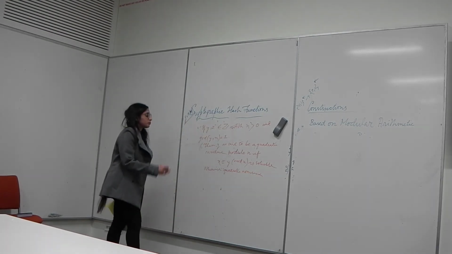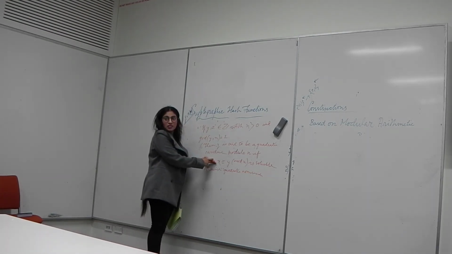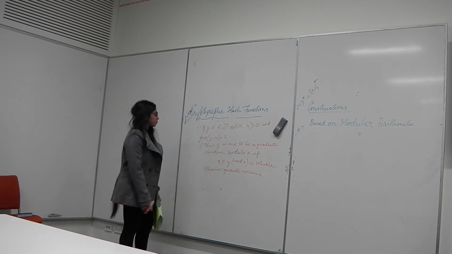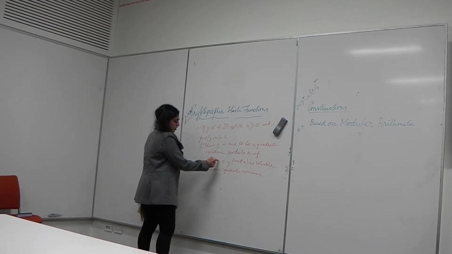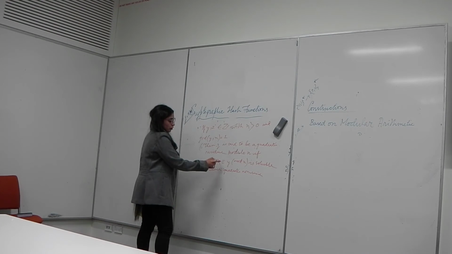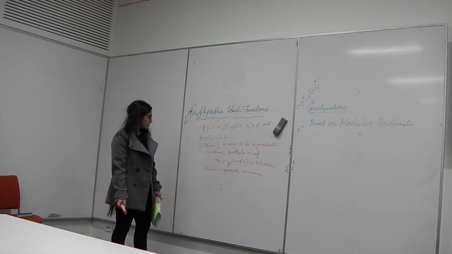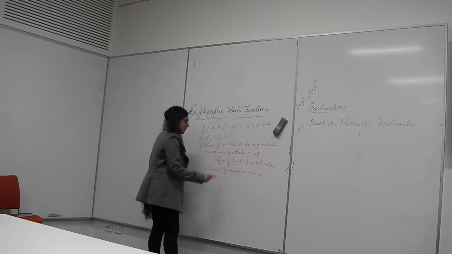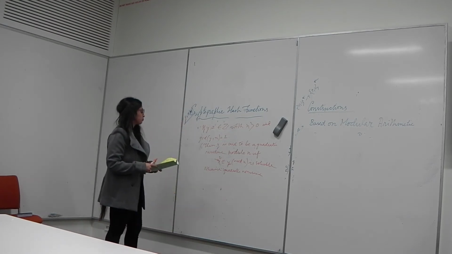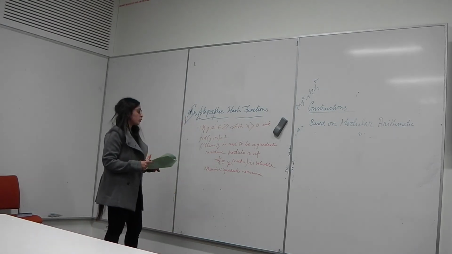So if this is solvable, then it has X squared. Sorry, X squared. So this is a quadratic residue modulo n.